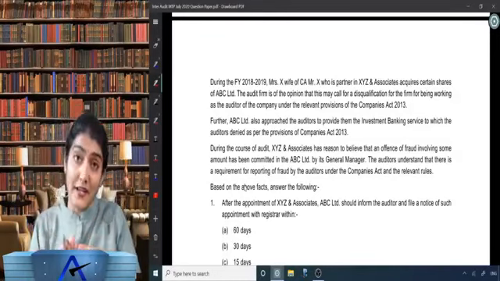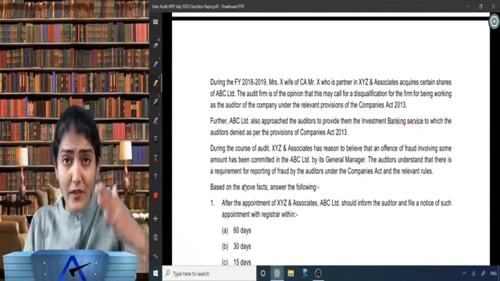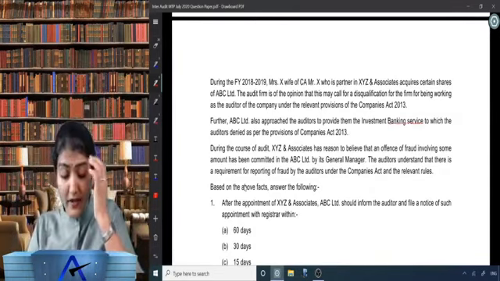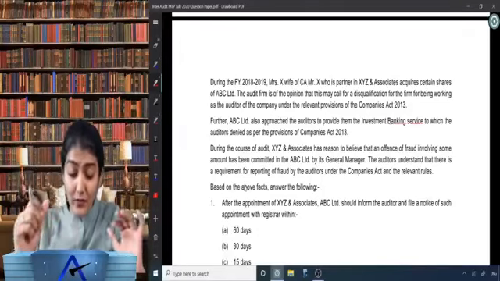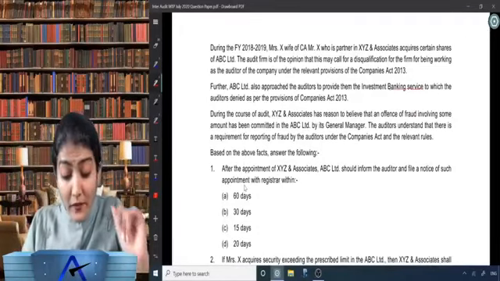Because investment banking services come under section 144, auditor not to render certain services to the company, to holding and to subsidiary company, where he is appointed as the statutory auditor of the company. Otherwise, he will be disqualified under 141(3)(I).